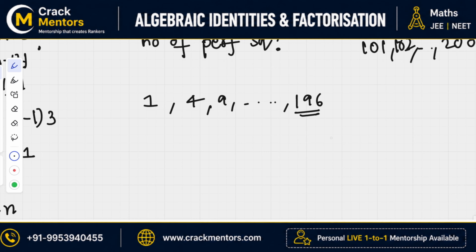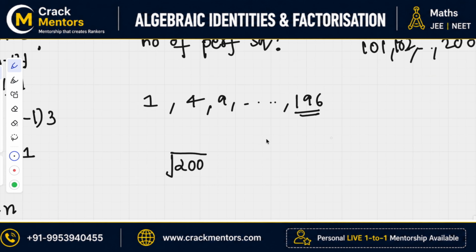So to solve this, you're starting with 1 and going till 200, so you're covering every number from 1. You just take the square root of 200, because you're talking about perfect squares. If we were talking about perfect cubes, you would have taken the cube root.